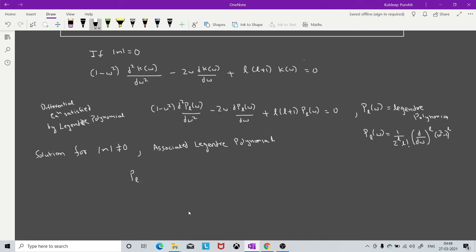So the associated Legendre polynomial is actually written as P L M, where L and M are basically our L and M values, equal to 1 minus omega square raised to mod of m by 2, d by d omega raised to mod m, and differentiation of P L of omega is actually taken, where P L of omega is nothing but your Legendre polynomial.